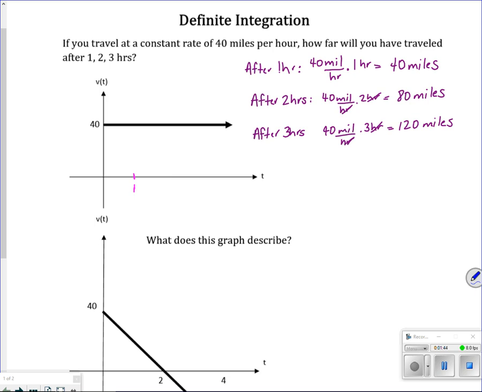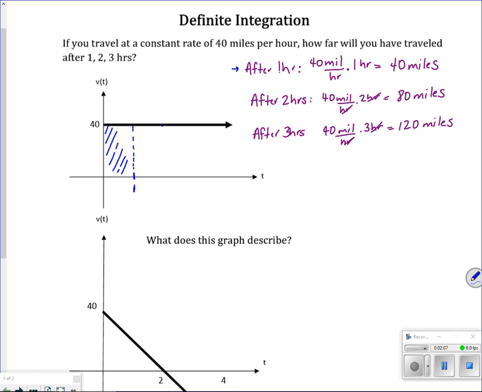Let's look at something. If I do 1 and make a block out of that, what would the area of this rectangle be? Well, it would be a 1 by 40, so that would be 40. Interesting.